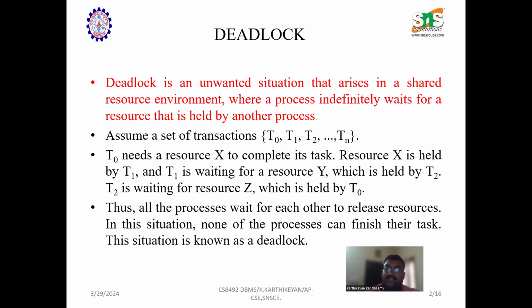Resource X is held by T1, and T1 is waiting for resource Y, which is held by T2. T2 is waiting for resource Z, which is held by T0. Thus, all the processes are waiting for each other to release resources. None of the processes can finish their task. This situation is known as deadlock.